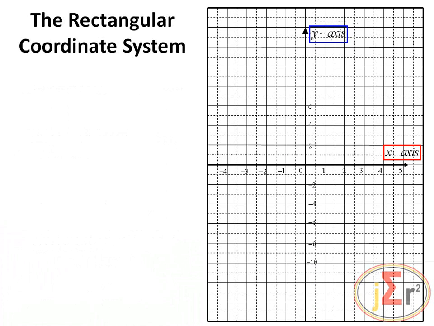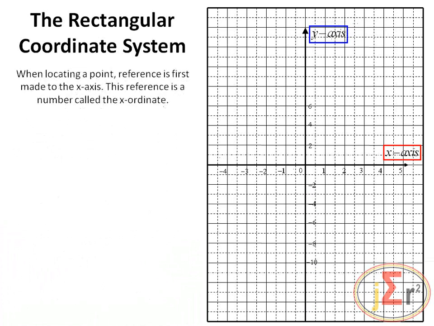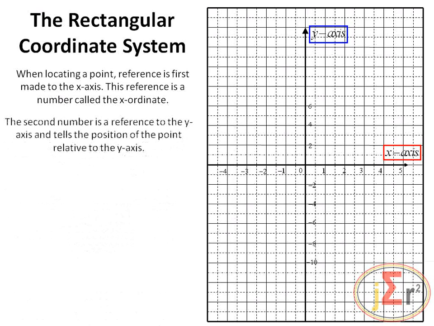So we're still looking at the rectangular coordinate system. When locating a point, reference is first made to the x-axis. This reference is a number called the x-ordinate. The second number is a reference to the y-axis and tells the position of the point relative to the y-axis.